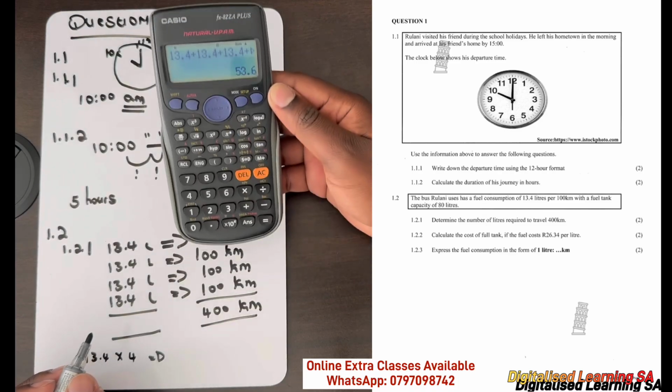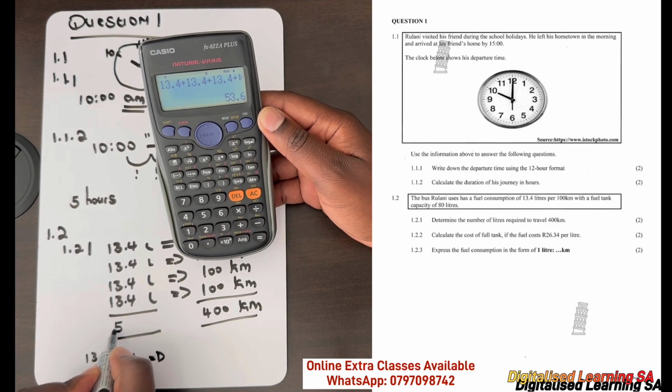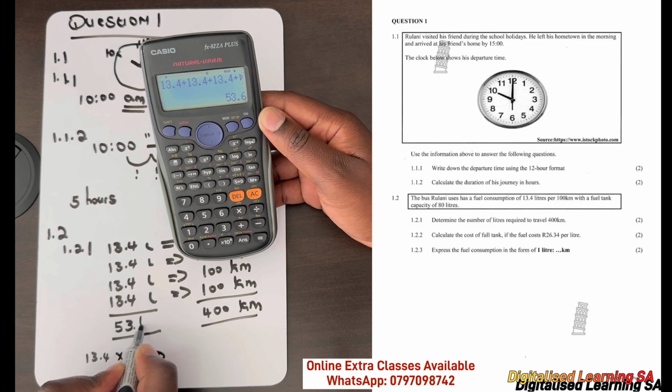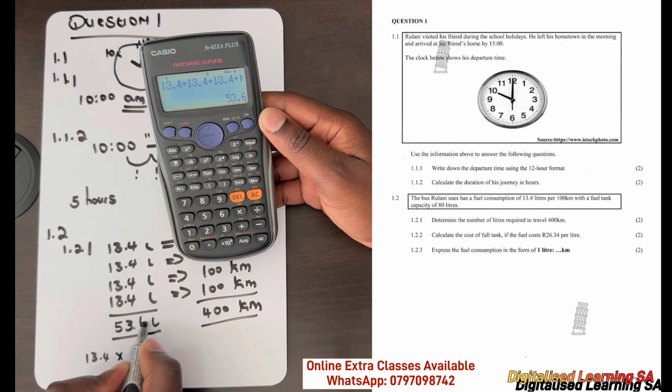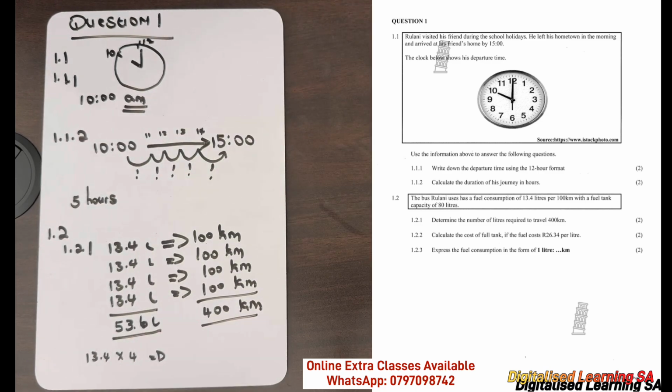So to travel 400 kilometers, the liters that will be needed will be 53.6.